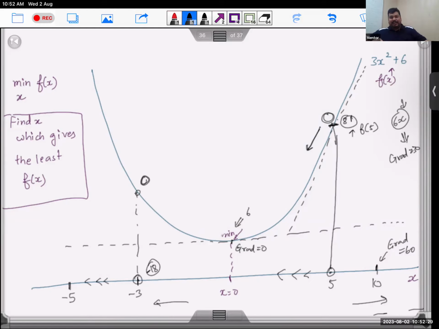Let's say I'm moving in the direction of the gradient, where the gradient is now decreasing. Am I moving in the correct direction, if I move where the gradient is decreasing? No. But if I move in the opposite direction of the gradient, what happens? I move to the correct side, right?